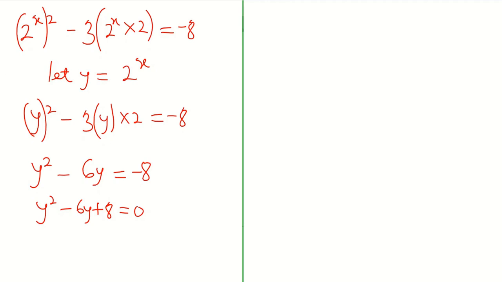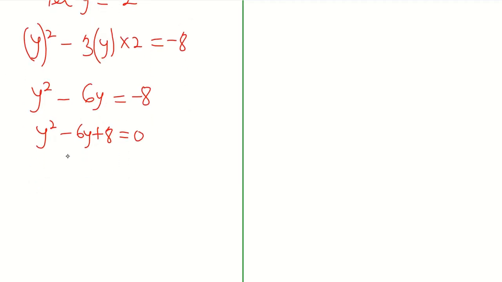And so this is a quadratic equation, and as usual we have to multiply the coefficient of the term y squared by the constant term, that is 8, and then look for their factors. So factors of 8, that when we add we are going to get minus 6, and when we multiply we're going to get 8. So that means we can consider minus 4 and minus 2, and so we can write our factorized terms as y minus 4 and y minus 2, which is equal to 0.